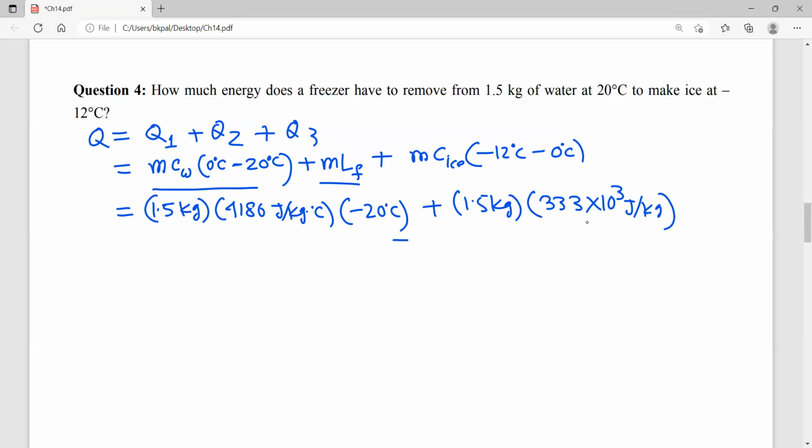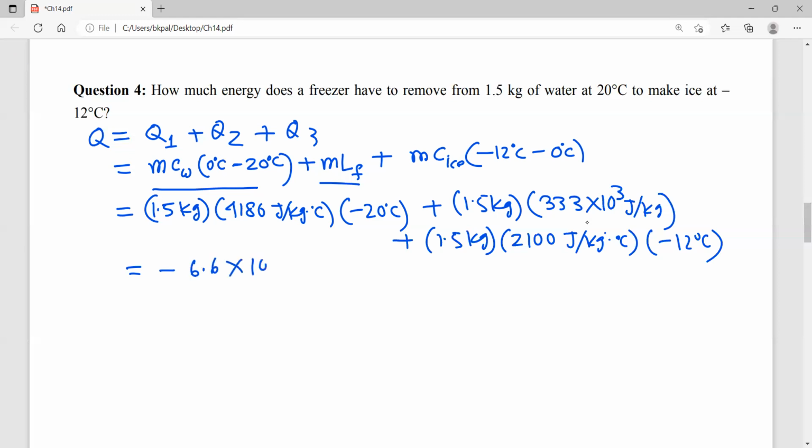Then again 1.5 kilogram, and c_ice is 2100 joule per kilogram degree Celsius, and this is minus 12 degrees Celsius. Now when you add all these three terms, you should get something like negative 6.6 times 10 to the power 5 joule.